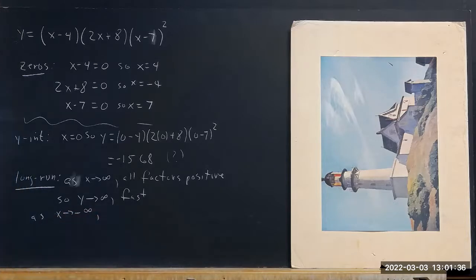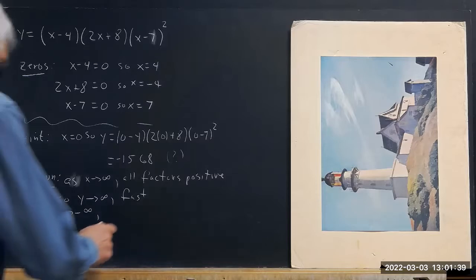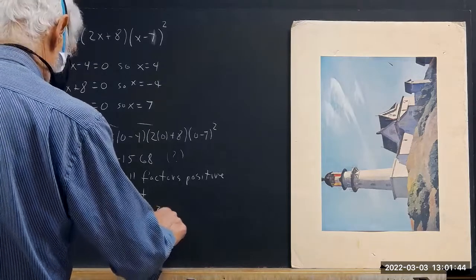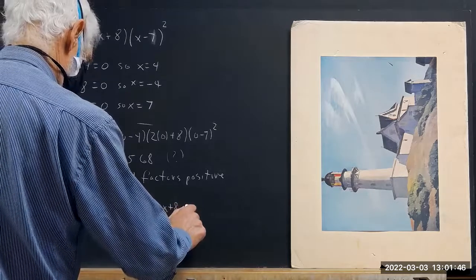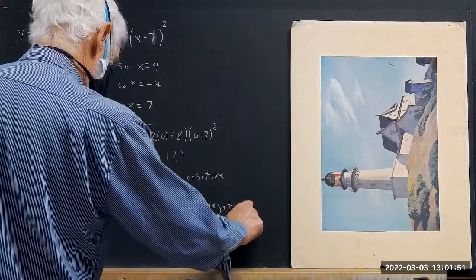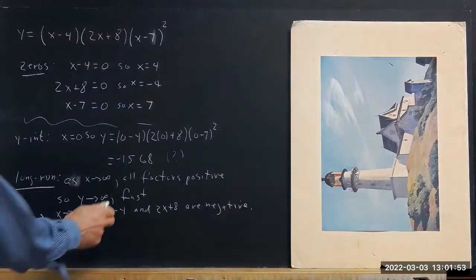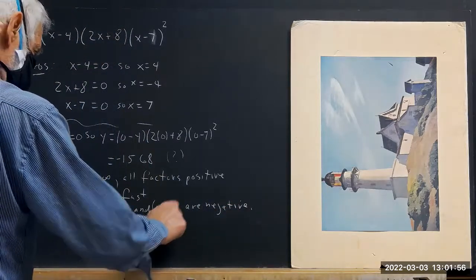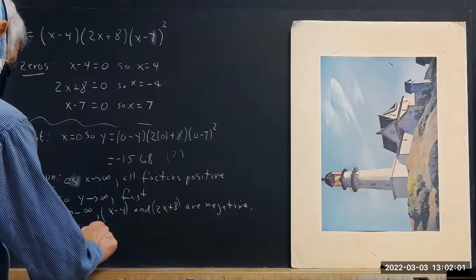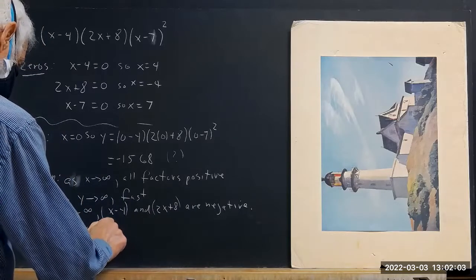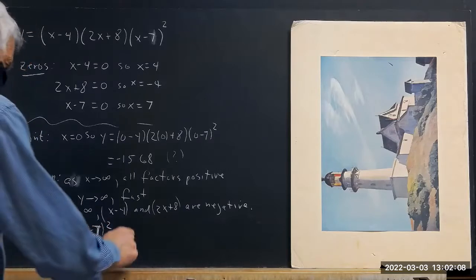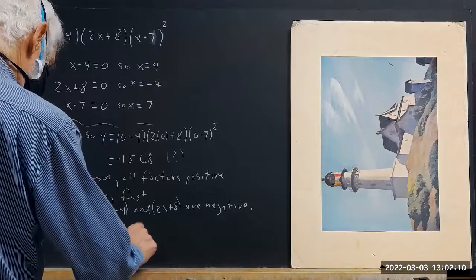Okay, so as x goes to negative infinity, these two factors are negative. That's a badly written 7.